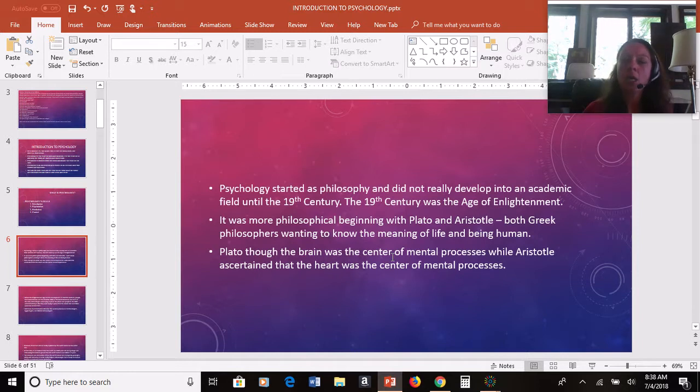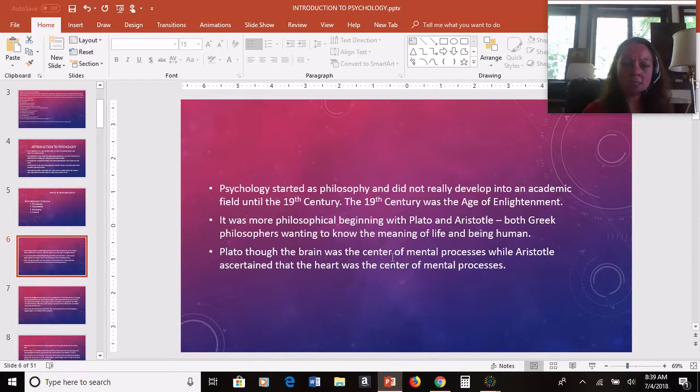So things like Buddhism and Hinduism and Confucianism and even Islam, and any other type of belief system or cultural tradition, all of those influenced the beginning of psychology, and they continue to influence psychology.